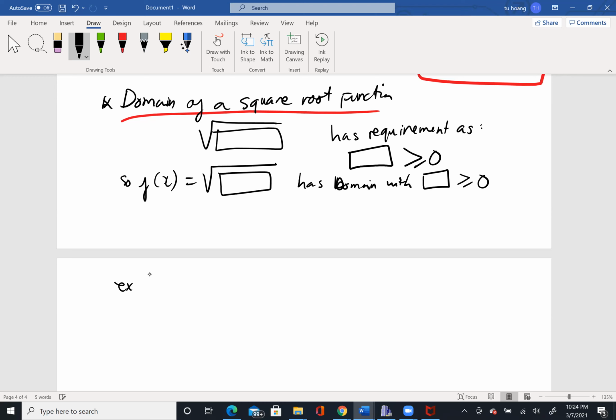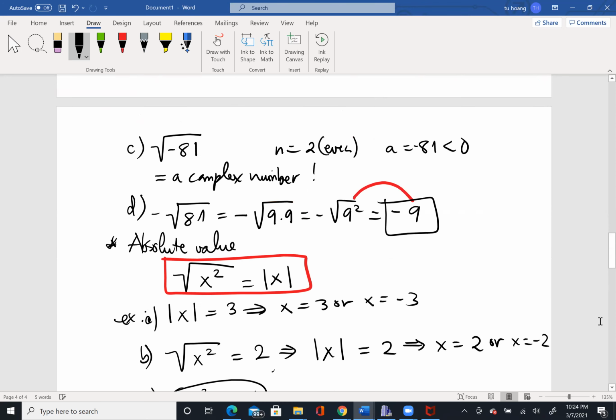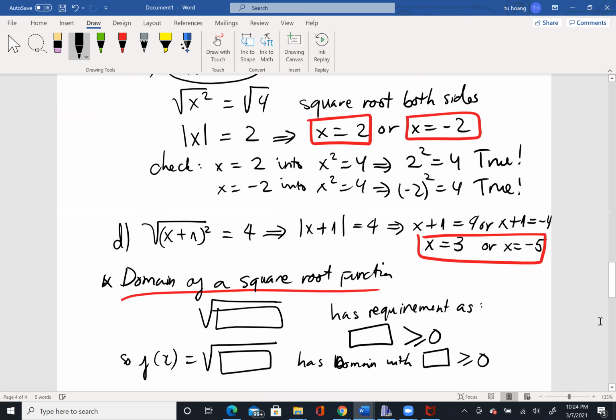Let's have an example. What example do I have right now? 3, right? Let's say 4.